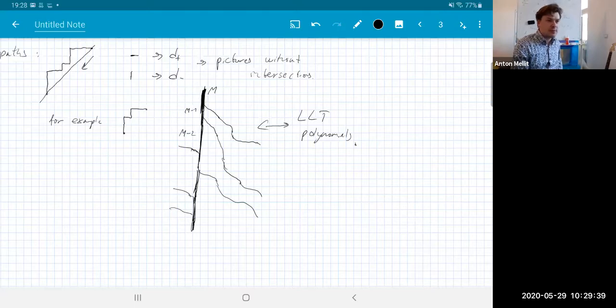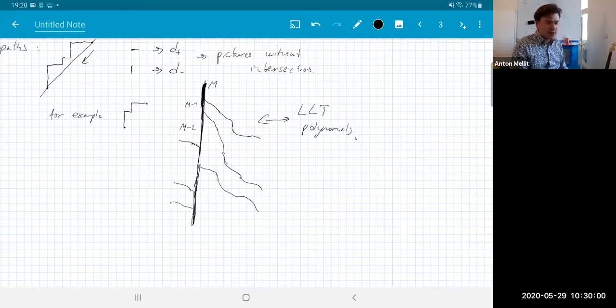Elements of the spherical affine Hecke algebra are like you take a symmetrizer, then put an element of the affine Hecke algebra and take another symmetrizer. On one side, this picture can be evaluated in the spherical affine Hecke algebra and gives you a symmetric function. On the other side, I get an LLT polynomial. So this is a way to compute those symmetric functions.